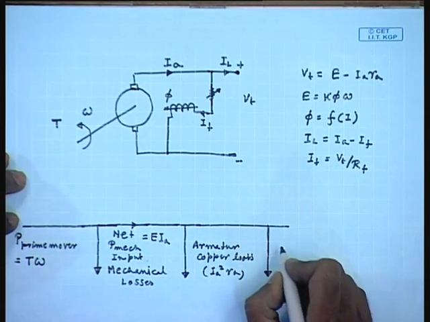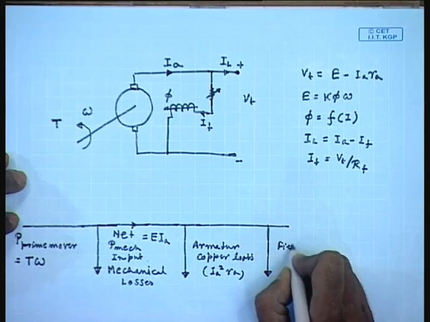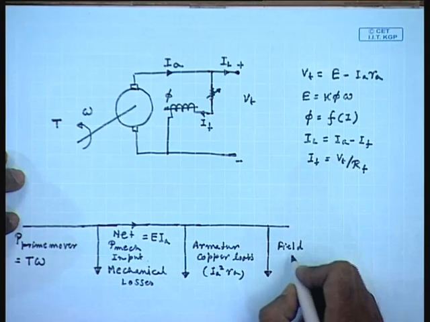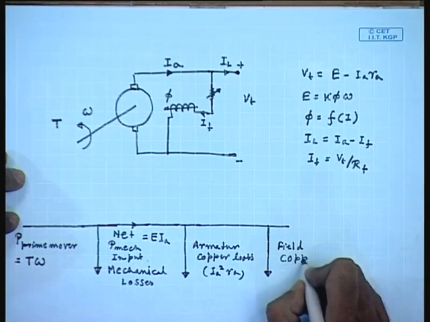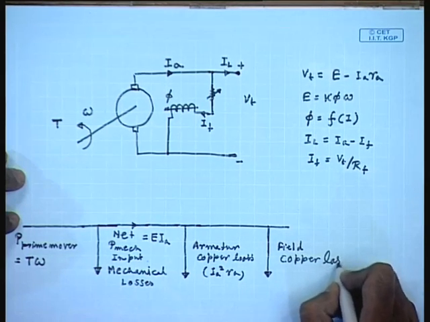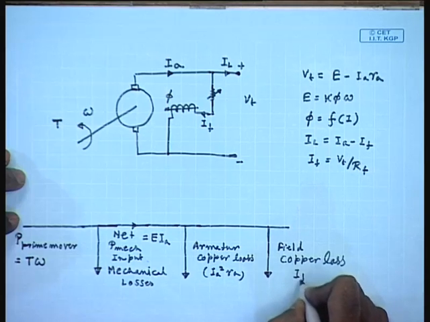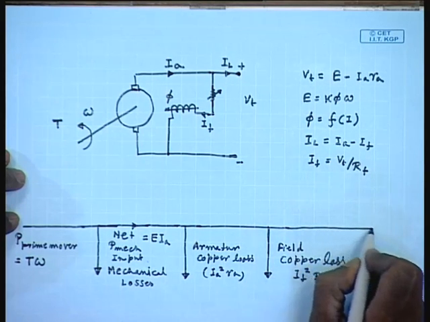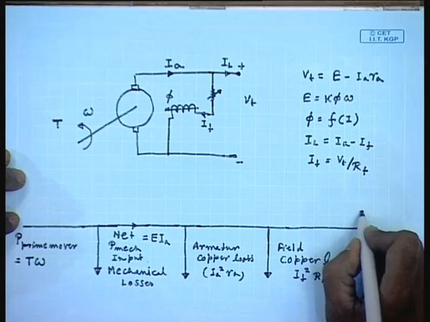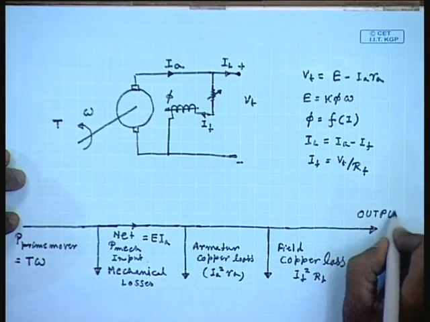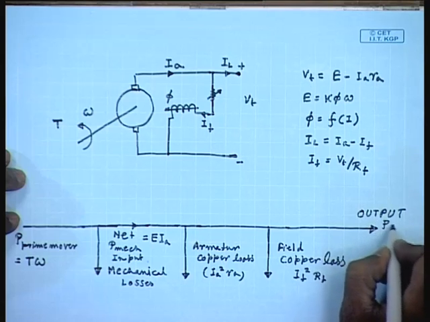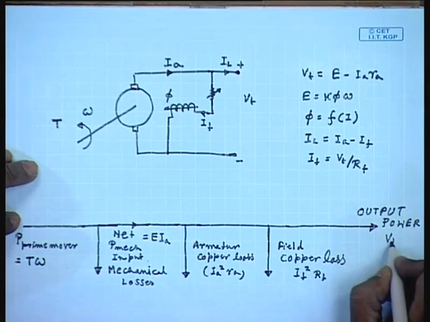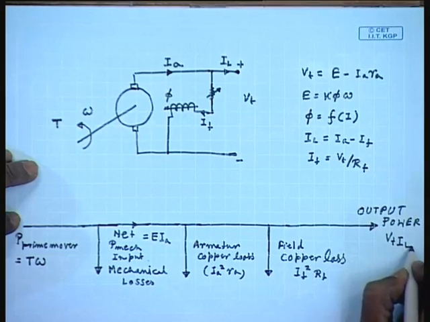Next loss is the field copper loss, which is If square Rf. Finally, the rest is the output power, which is Vt IL.